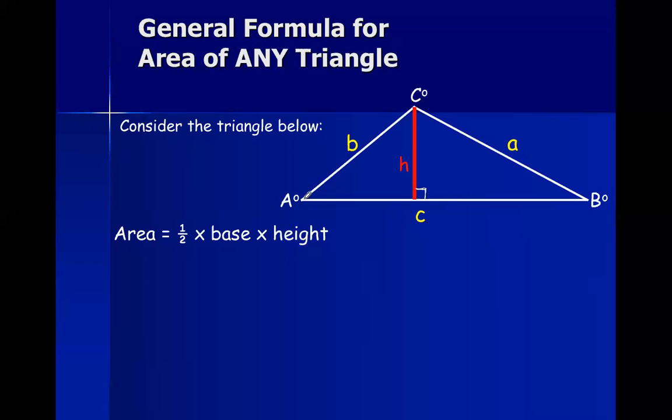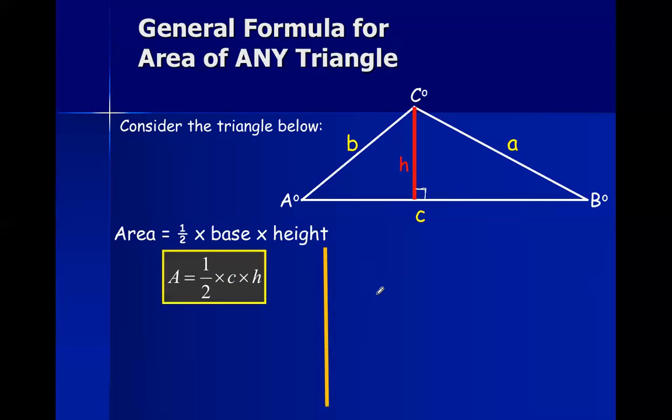Because what you need to remember is if you've got a base here and the height here, the height can be moved here, and you can make a rectangle around that. And you can see that here you've got half that triangle, half that, and half here as well. So basically it's half times c, that base, times this height here, h.